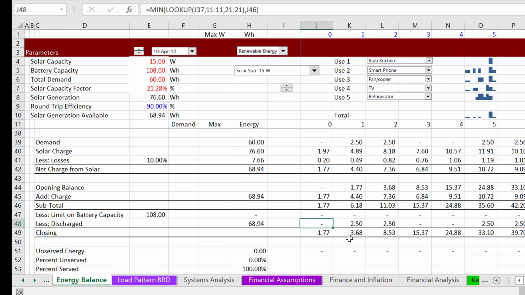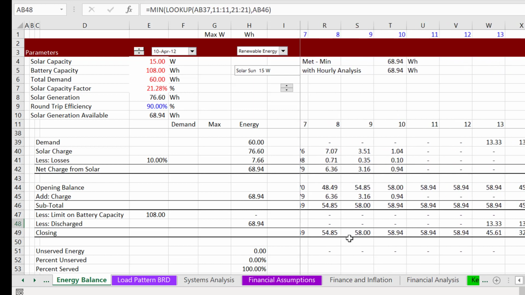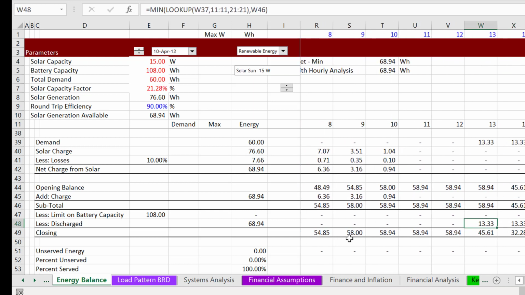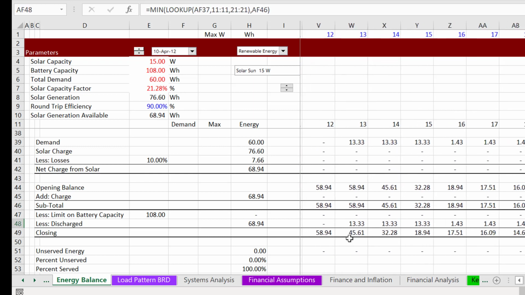Now, I suppose the one thing I'm a little bit worried about is if your battery was not discharged. If your battery was not, I mean, was not full, and here, in this case, we still had some battery capacity.